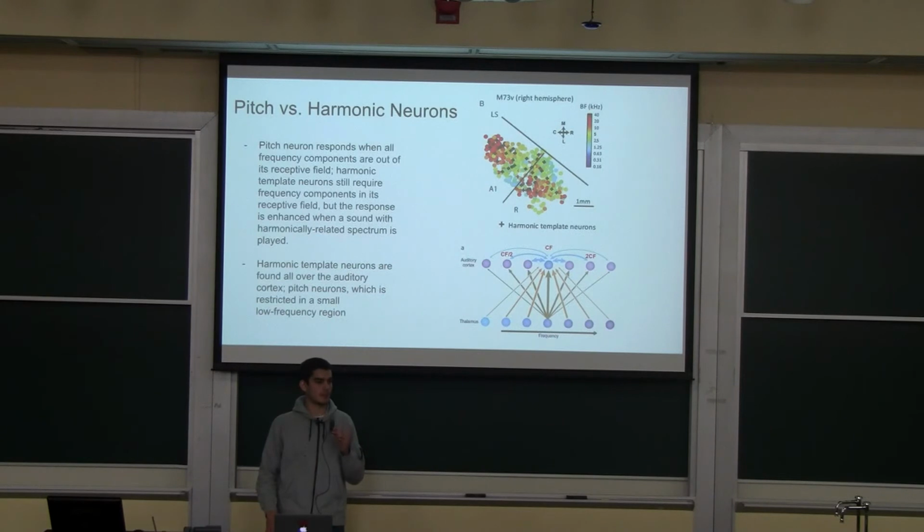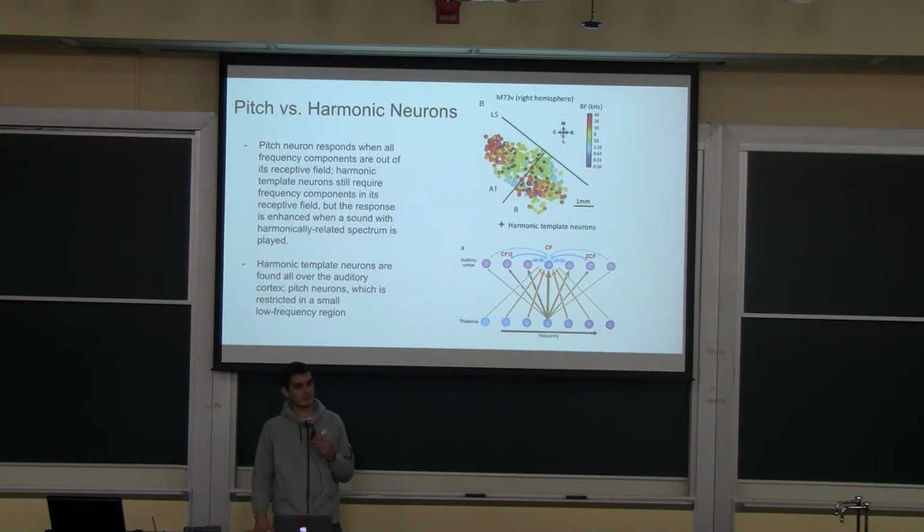Yeah. For a single harmonic neuron, can there be different fundamental tones played with the harmonic spectrum it responds to? Wait, say that again? So if you have a harmonic neuron, a particular harmonic spectrum with different fundamental periods, or does it have to be a specific fundamental period and then the 6th and 7th harmonics on it? I think my understanding, and correct me if I'm wrong, is that it could be different.